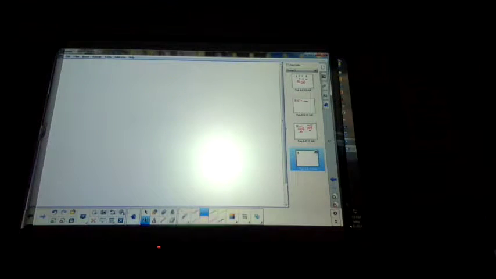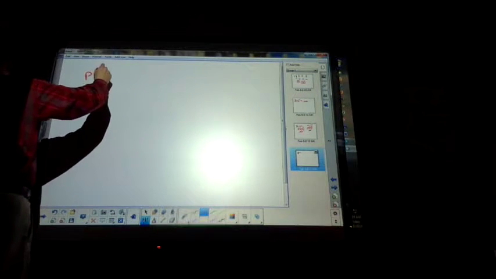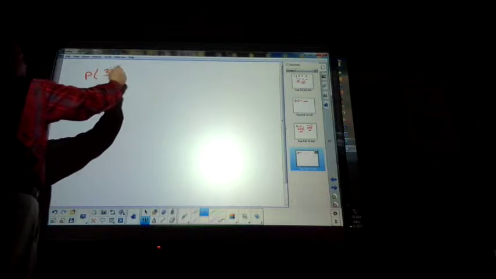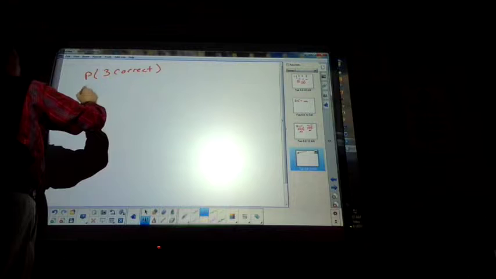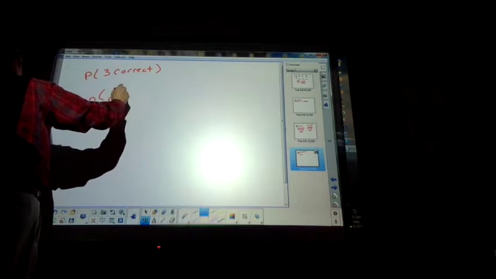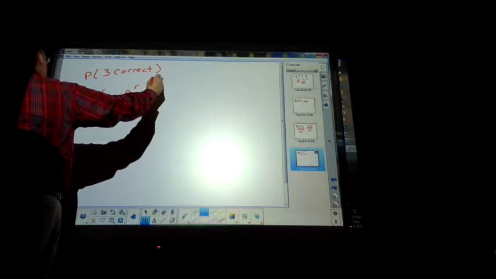The nice thing is I'm going to show you on the calculator a faster way of doing it when you have many events. But I want to know the probability of getting 3 correct, using the nCr and the probability that it will happen times the probability it won't happen. So this equation. So getting 3 correct.